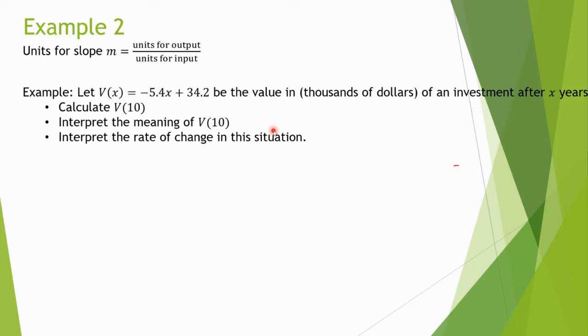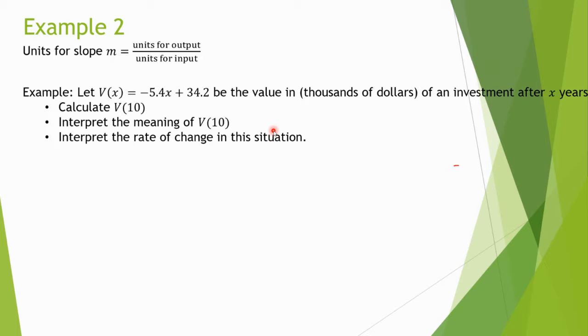So I give you this function V of x, which by definition is this. And here I'm just telling you that this is the value in thousands of dollars of some investment after x years. What is that investment? We don't know, but for now it doesn't matter. But notice the units are thousands of dollars.